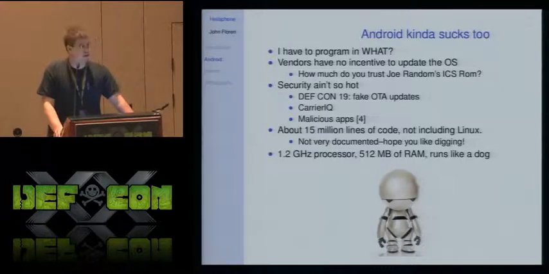And then from the point of view of security, you say, well, maybe we should audit it or strip it down to make it a simpler base that we can secure better. But then you realize that there's 15 million lines of code just in Android. This doesn't include the Linux kernel, which is another 15 million lines of code. And as we've discovered over the course of this project, it's just not exceptionally well documented.